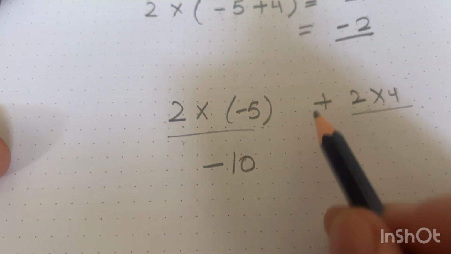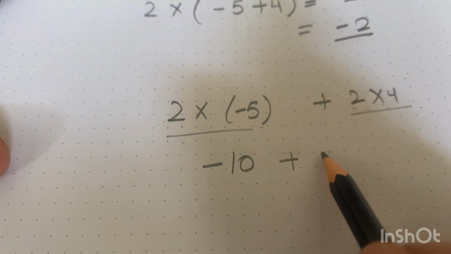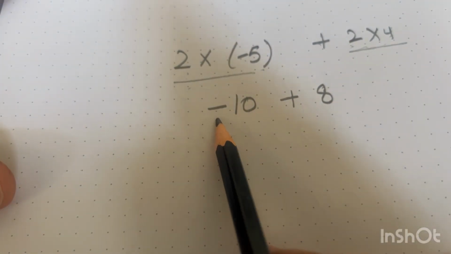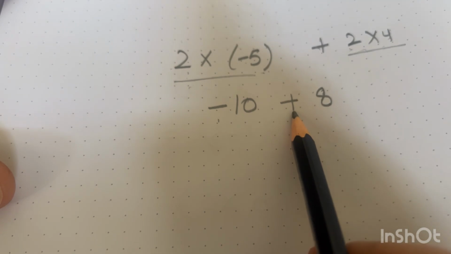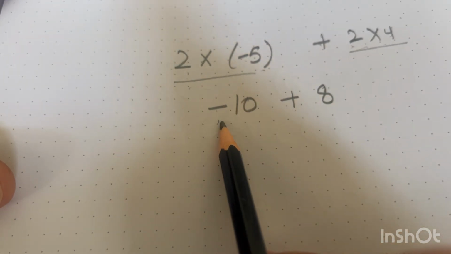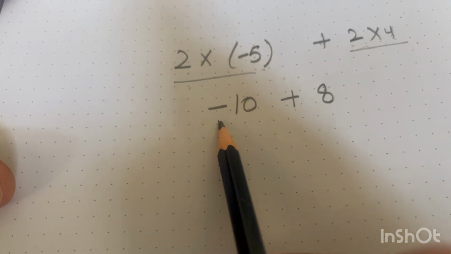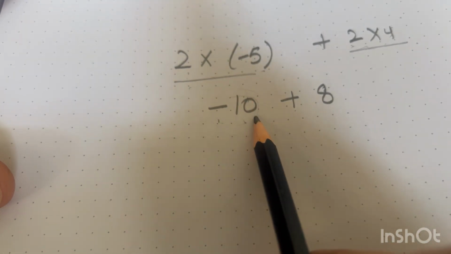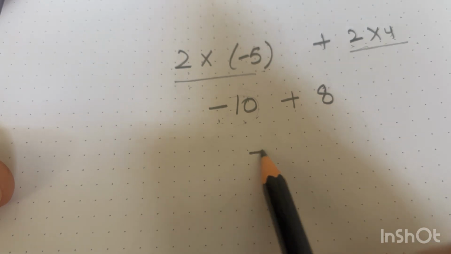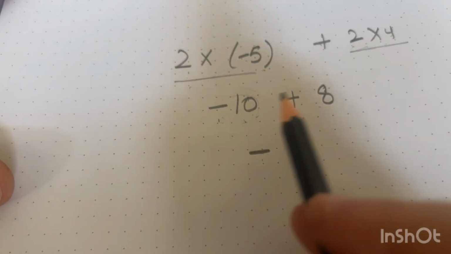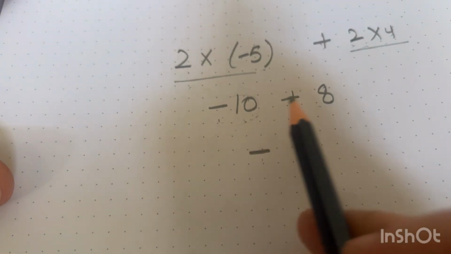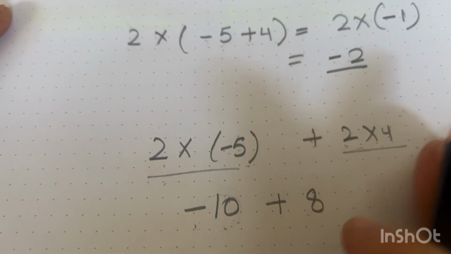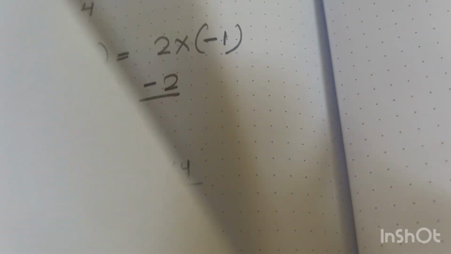Minus 10, and now the plus sign in between, 2 fours are 8. Now again, addition of one negative and one positive integer becomes subtraction. The operation we apply here is subtraction, but the sign will be that of the bigger number. The bigger number is 10 and its sign is minus, so the sign will be minus, but the operation we apply here is subtraction. So 10 minus 8 is 2. Now see that here the left hand side is equal to the right hand side.